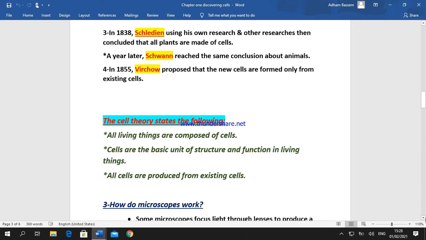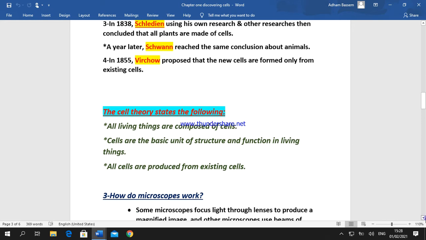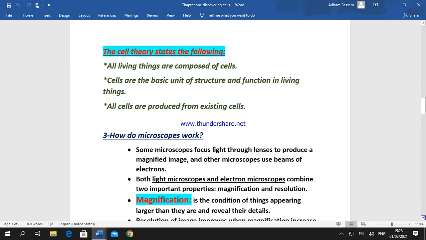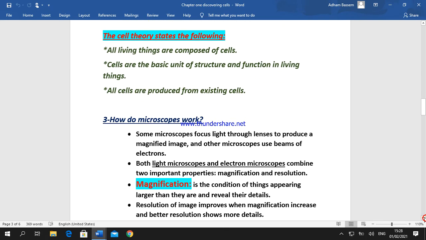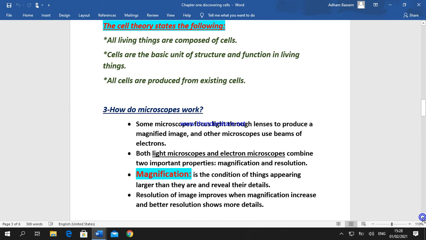Number three, all cells are produced from existing cells. The microscope helped us to discover cells, unicellular or one-celled organisms, and microorganisms.